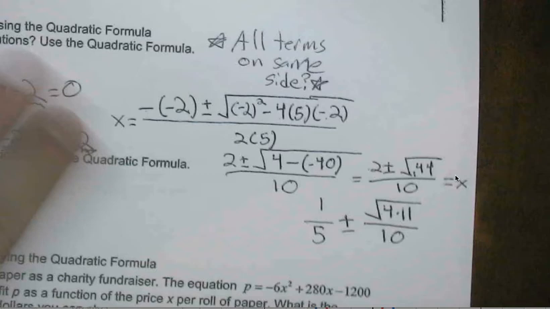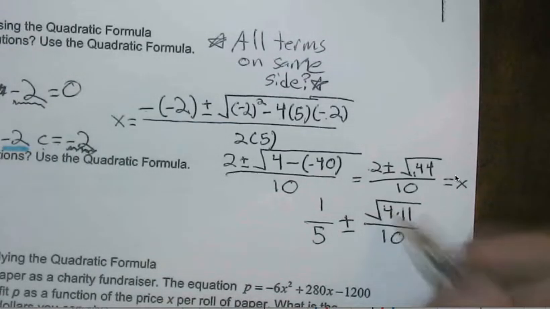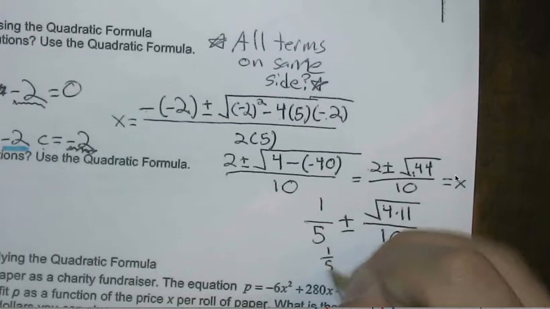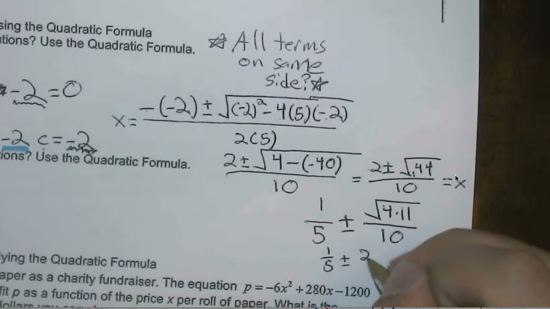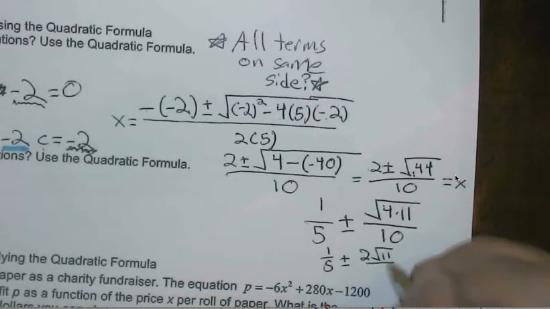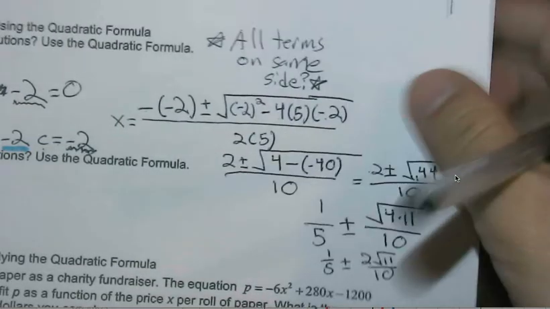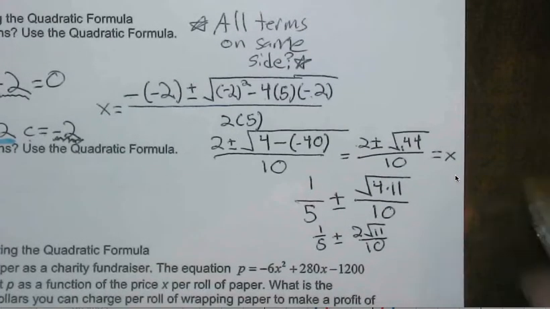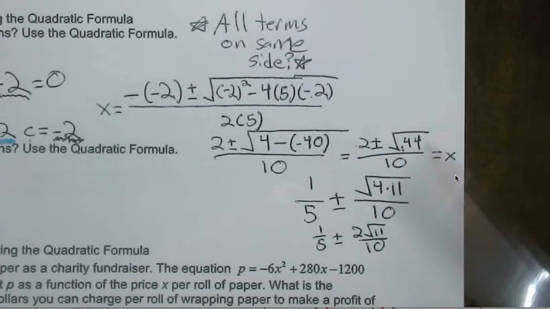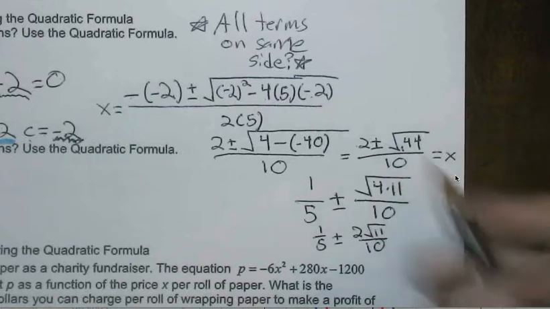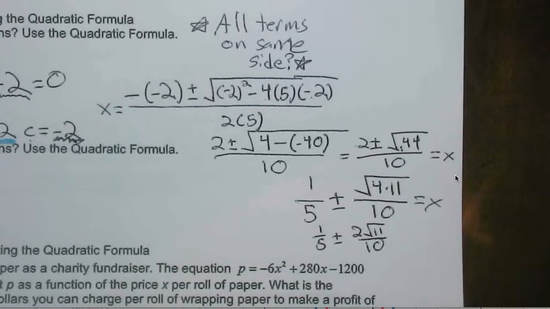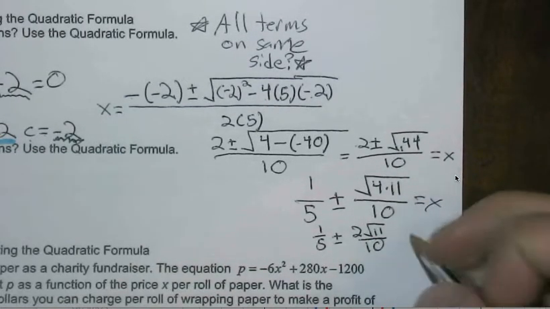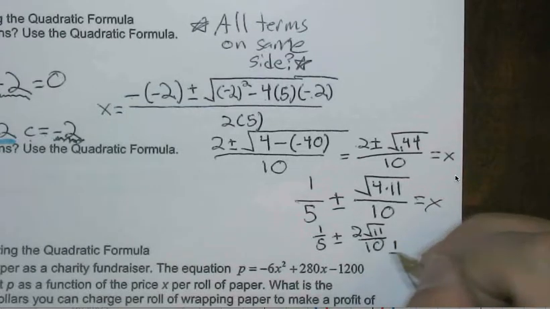We could also acknowledge that root 4 is here, so we could rewrite this again as 1/5 plus or minus 2 root 11 over 10. And to really seal the deal, notice a lot of this problem is just simplifying radicals or simplifying the fraction. So to simplify this further, 2 over 10, we can just rewrite that as root 11 over 5.